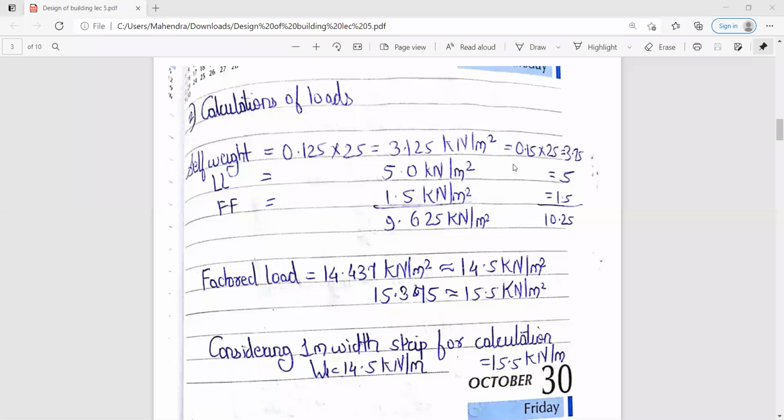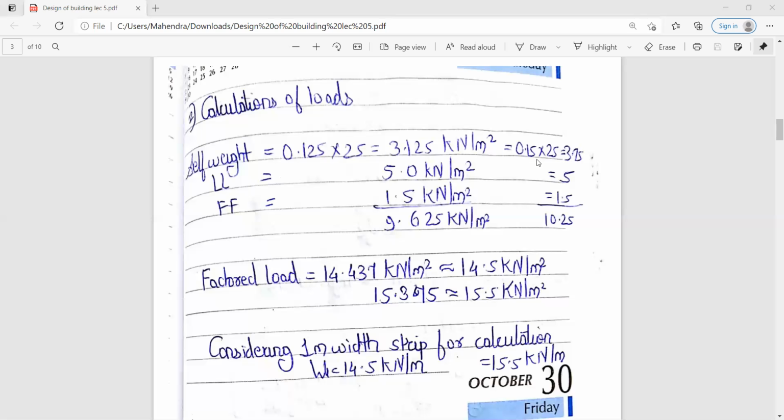No, we are designing for only slab. Slab, okay. Yes, we are designing only this slab S3 now. So this 0.125 is what we had considered for the depth, and this 0.15, for which one have we considered it? Yes, anyone? Nobody? West slab. Are we designing both slabs together? No, we are not designing both slabs at one time. We are considering the west slab, that is 0.15. 0.15 into 25 we are considering for the west slab.